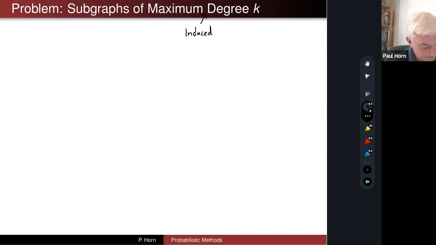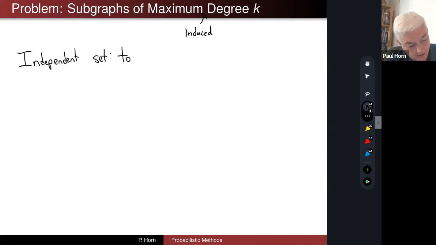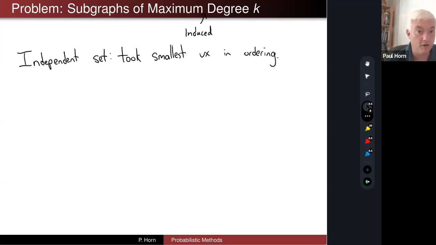So if I want an independent set, what I did was I took a vertex, I always took X to be the vertices that were the smallest in their neighborhood.